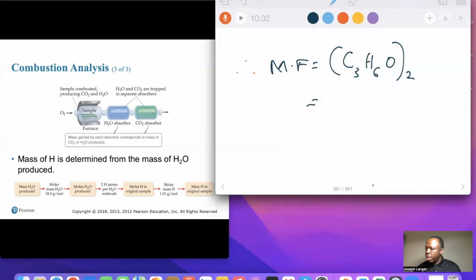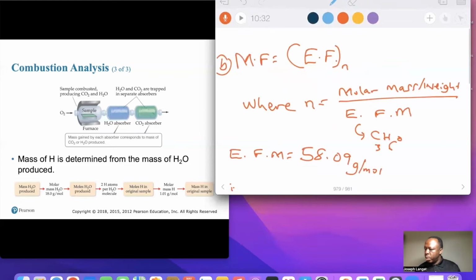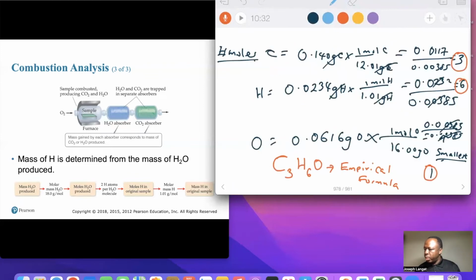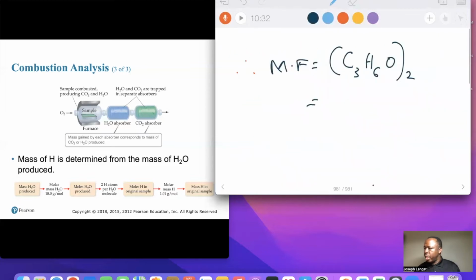Make sure I have that right. That is the empirical formula, and when I plug it in here, the molecular formula is C6H12O2.